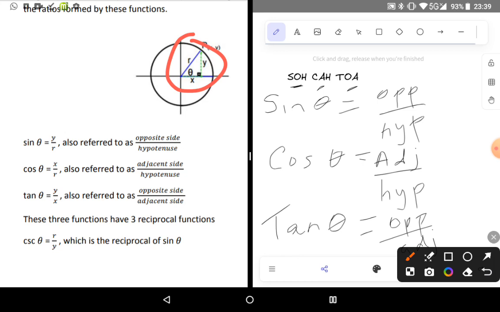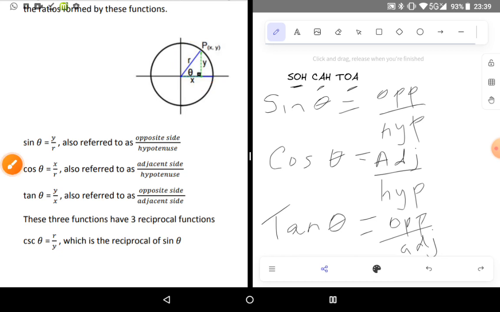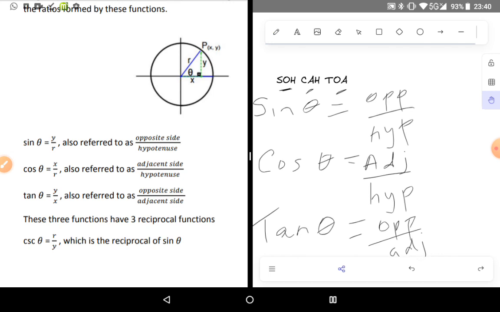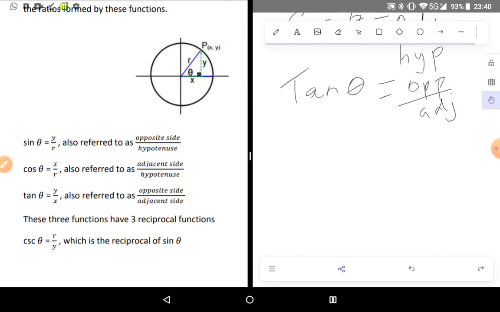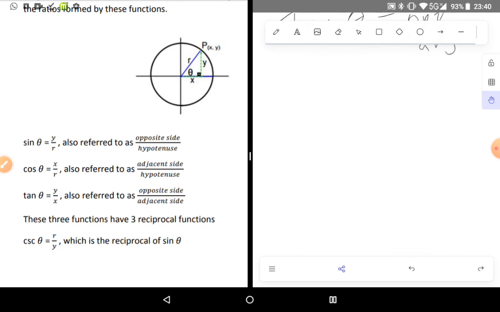But before we can use any of this, we should first make sure that we are working on a right angle triangle. A right angle triangle is a triangle that has a straight line and another straight line, and another one that connects the two edges.